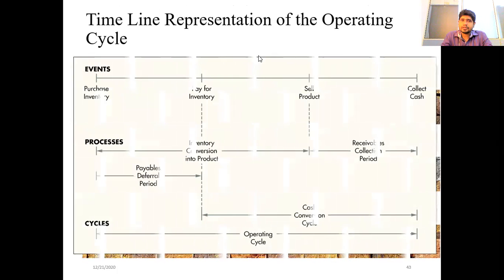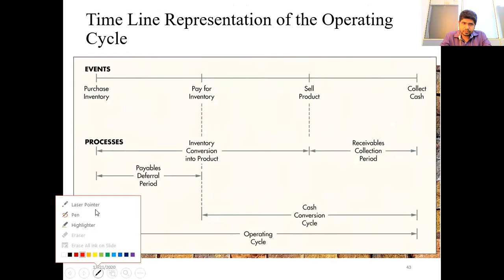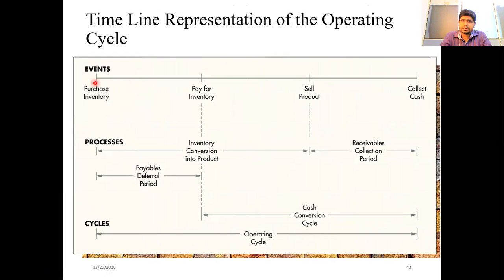And here, in this illustration, the first line represents the events. There is a timeline. The operating cycle starts at this point, purchase of inventory. Purchase of inventory may be in cash or on credit.